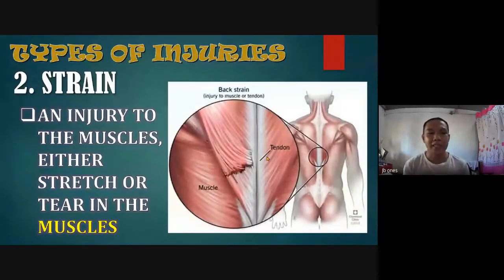So if the muscle is torn or stretched, that is strain. In the picture, the muscles have been torn, so there is a strain.